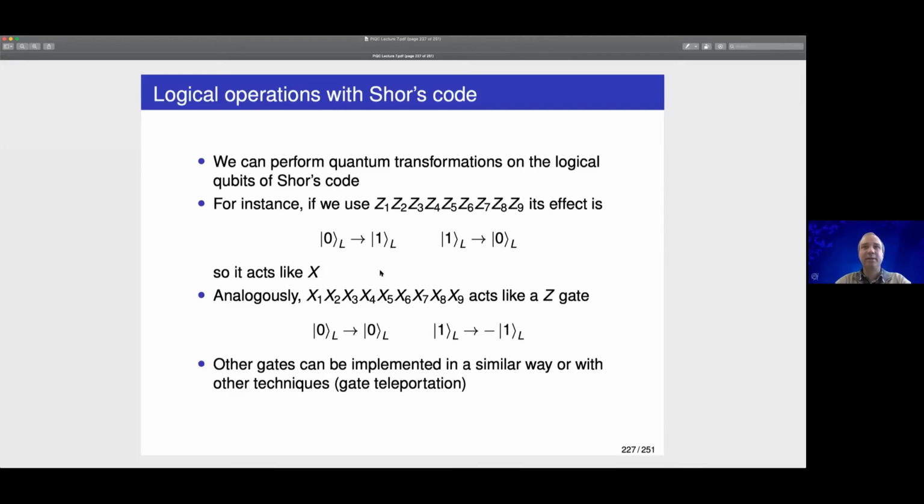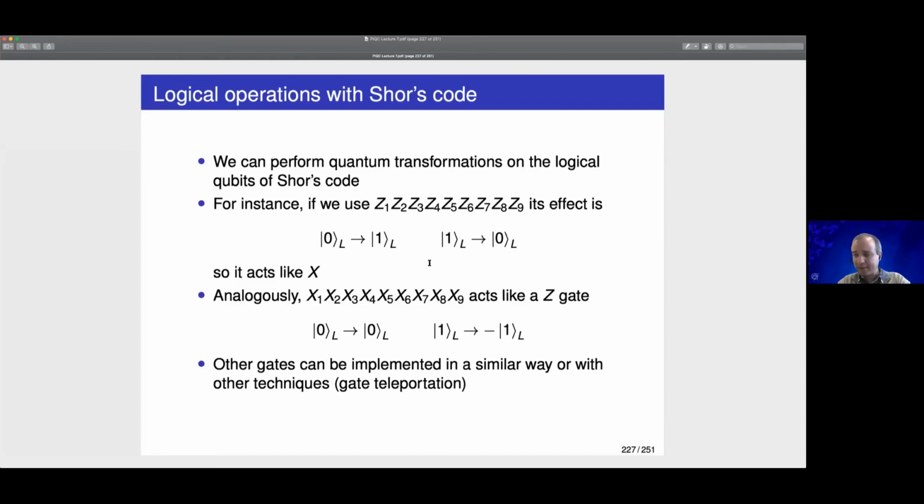Yes, that's the answer. The problem with these operations, which are called transversal operations, because we apply the gates to all the qubits at the same time, is that there is a limitation in how many operations you can apply in this way.